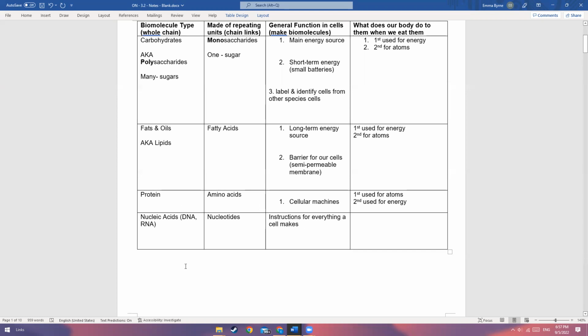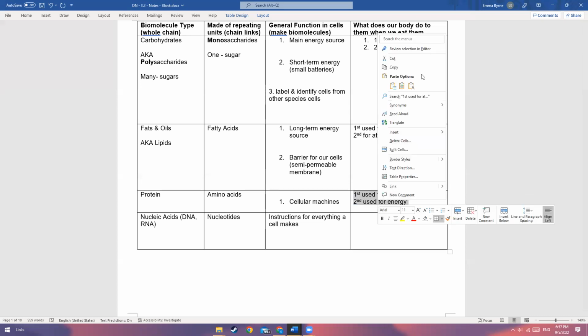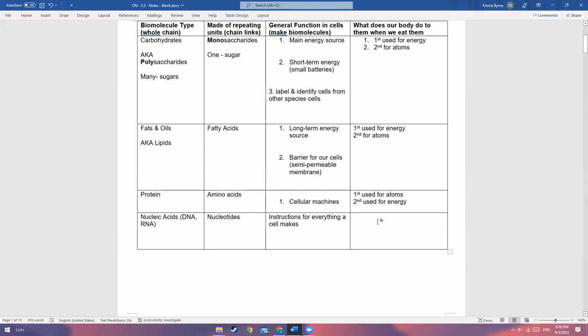So the large structure, DNA, is made up of nucleotides as its smaller subunit. And those are the instructions for everything that a cell can make. And this has the same kind of hierarchy to what our bodies use it for. So we first use it for atoms, and it can also be used for energy, but in a much more minute sense than fats and carbs.